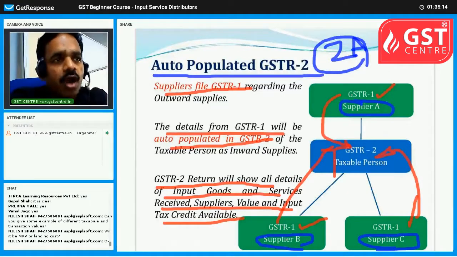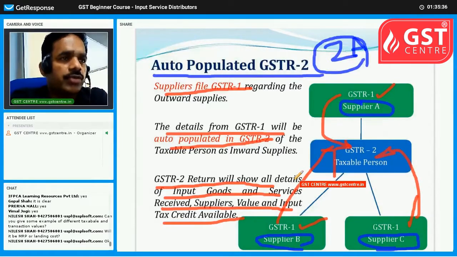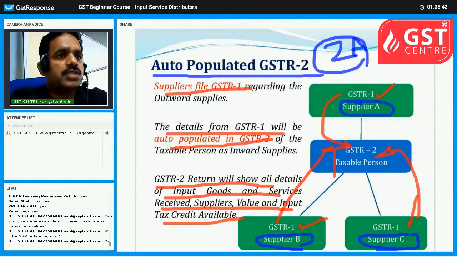Okay, so the beauty of the GST system is that while the supplier files the GSTR 1 form, it will be auto populated in the GSTR 2 return of the purchaser. Okay, so the purchaser, the recipient, will get to know how much input tax credit is available to him, whether the supplier has shown all invoices with their correct values, everything they will get to know.